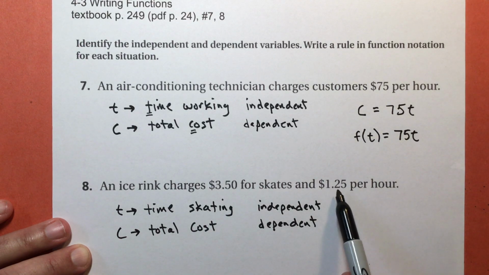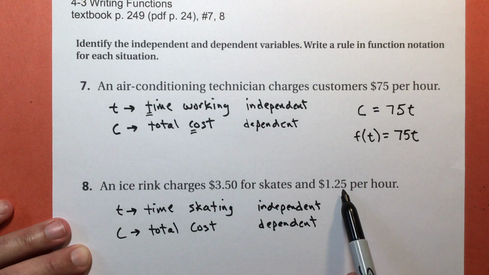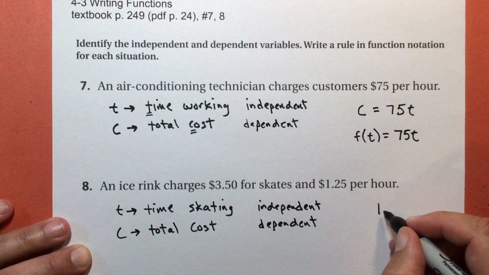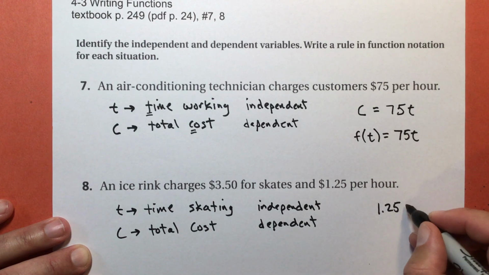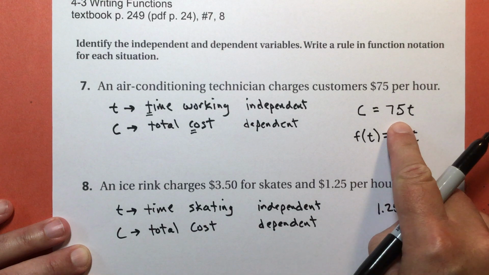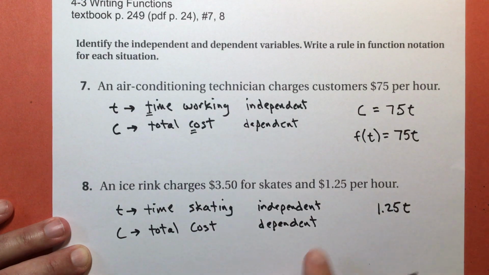All right, so for each hour, you're going to pay $1.25 to skate there. So 1 hour would be $1.25, 2 hours would be $1.25 plus another $1.25, just like we did up here. So that's $1.25 times the number of hours that you are going to skate. But unlike the last problem, this one does have an additional cost.